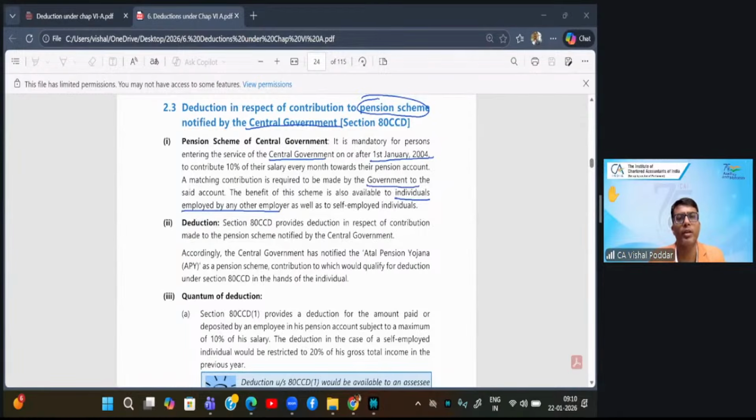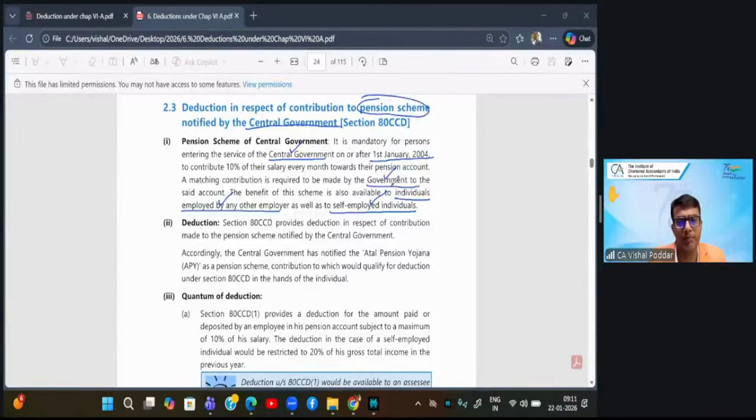And in fact, going a step further, today it is even applicable to people like me who are self-employed. In short, in very simple words, this section allows everyone. It covers everyone. So whether you are a central government employee, a state government employee, a private employee, or you are not an employee, you are self-employed, running your own business or profession, all are covered under this plan today.